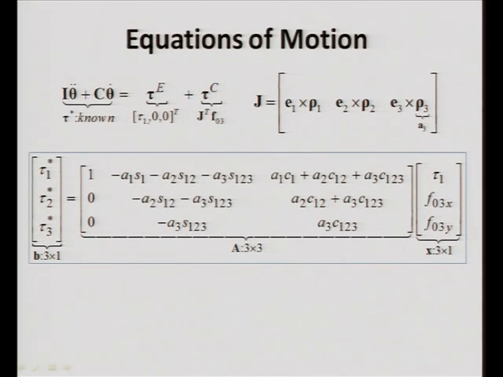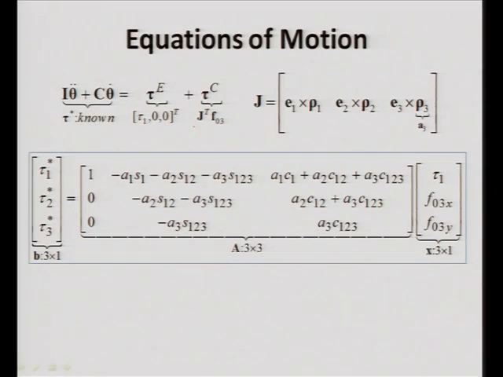As I told you, the external torque is applied only on the first joint, because typically you will put a motor on it, no, to drive it, and the second term tau C is nothing but J transpose F03, and J I have calculated in my previous slide, that E1 cross rho 1, E2 cross rho 2, and E3 cross rho 3 is nothing but the A3.